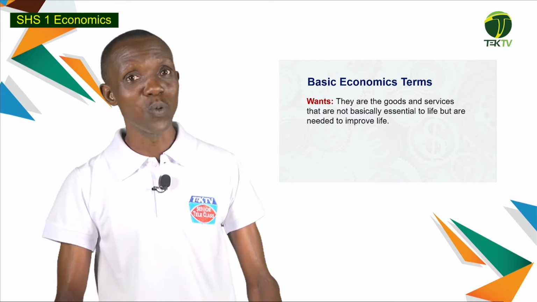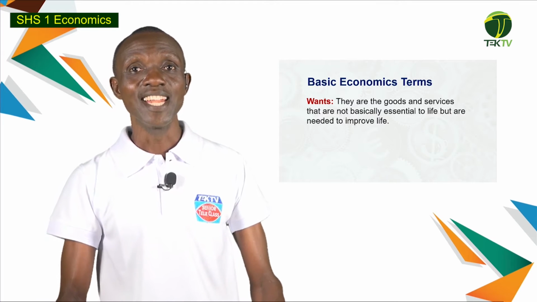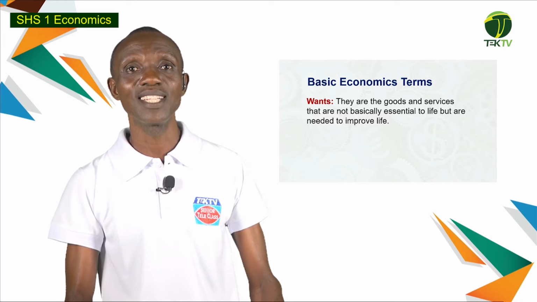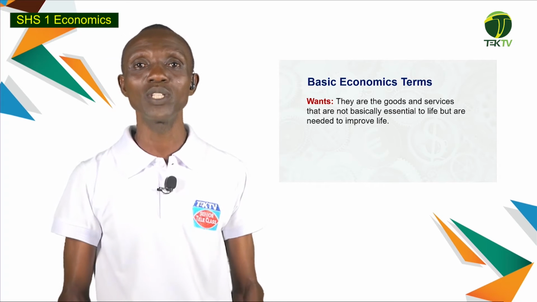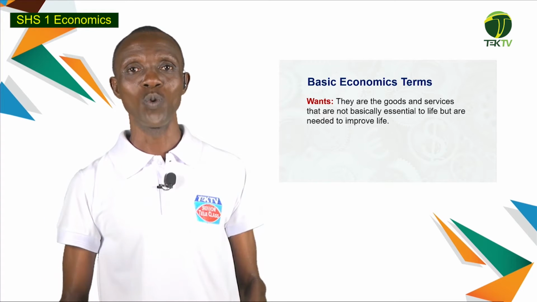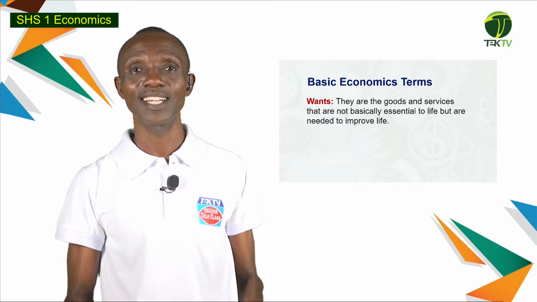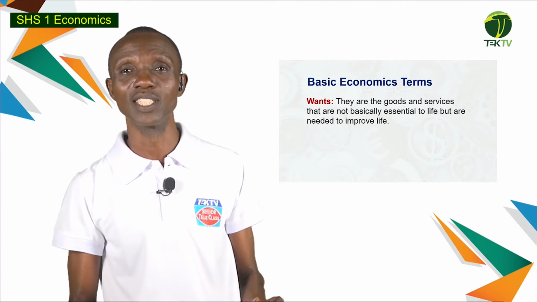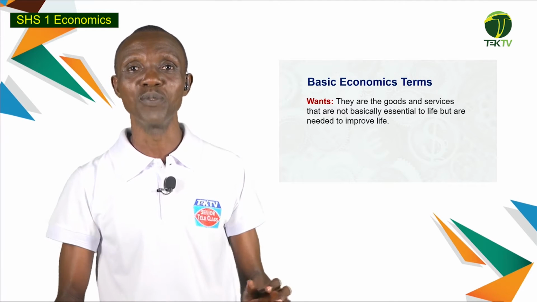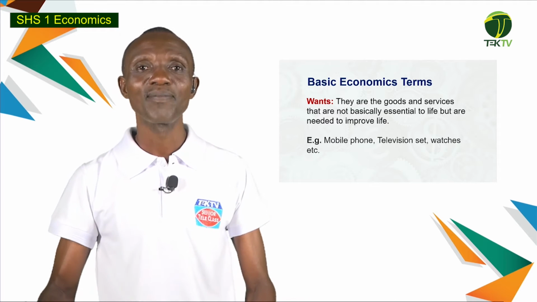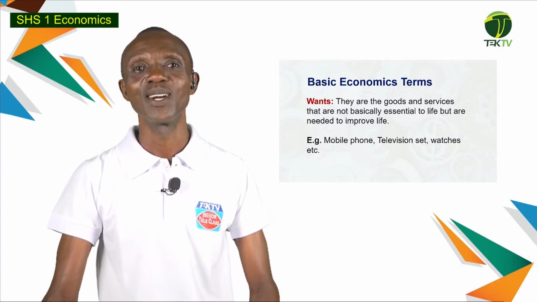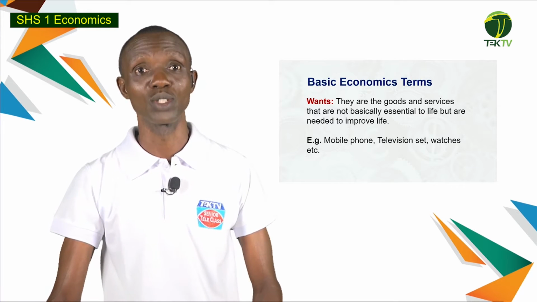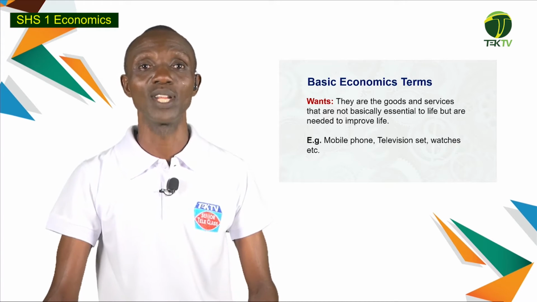So we are saying for wants, they are not necessarily essential to life, but they are needed to improve life. Unlike food, shelter, and clothing, which when one does not get, cannot survive. For wants, they are needed to improve life. And we can talk about mobile phone, television set, watches, and so on and so forth. You could add to the list.